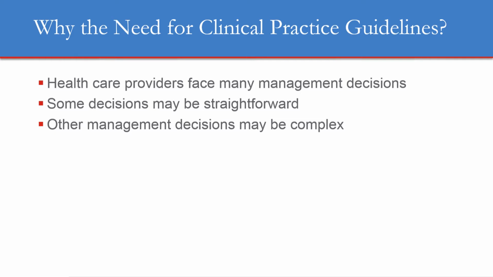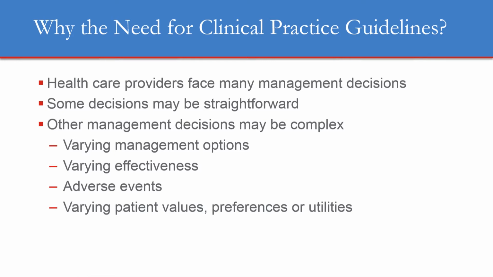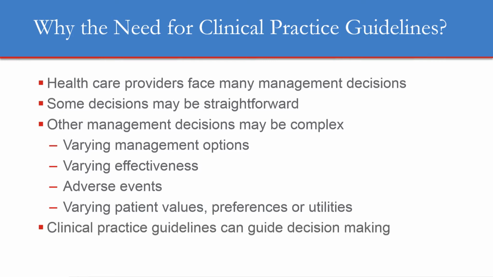For instance, what antibiotics should we use? There may be varying management options, effectiveness differences, varying toxicity, and differences in patient values, preferences, or utilities. In such instances, practice guidelines may be necessary to guide healthcare decision-making.